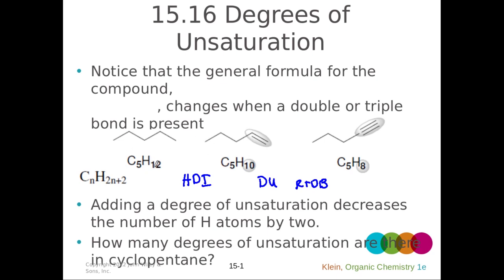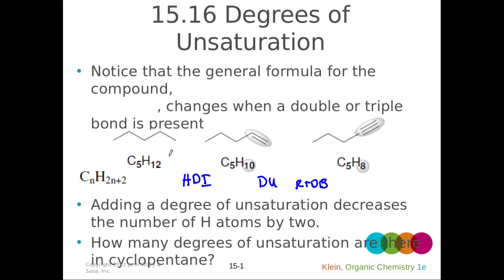So here in 1-pentene, we're missing 2 hydrogens relative to the fully saturated molecule. So instead of 12 hydrogens, we only have 10. So we're missing 2 because we have a double bond. In 1-pentyne, we have a triple bond, so we have 2 pi bonds. So in order to form a pi bond, we have to be missing 2 hydrogens.